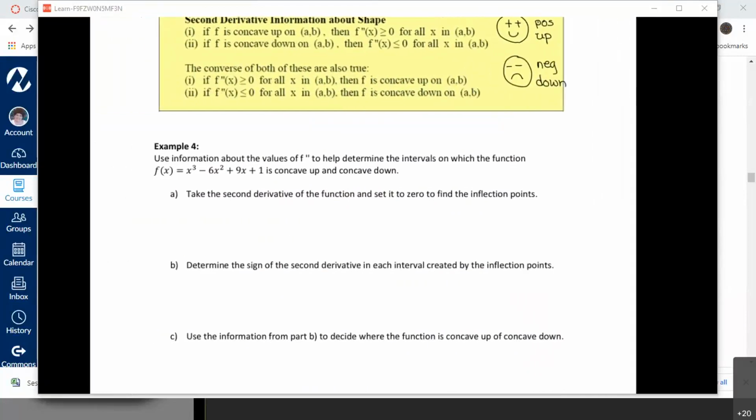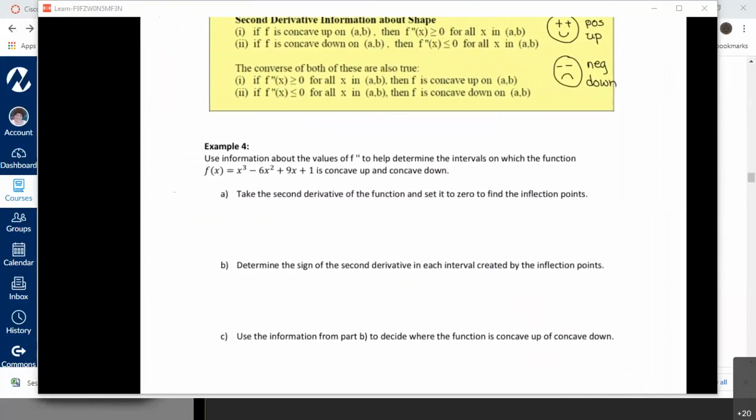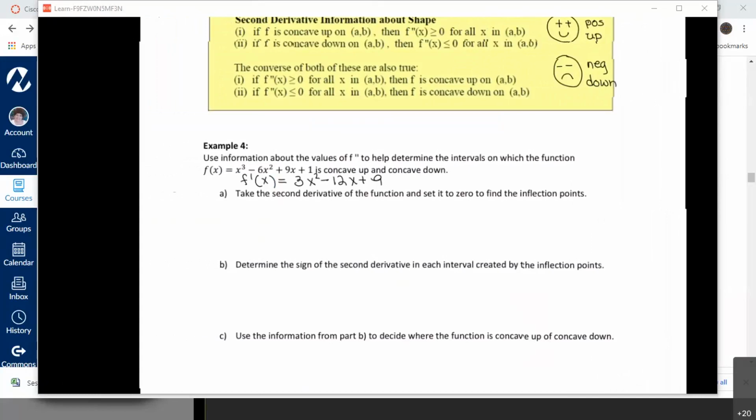Okay, so this is the same function, just so you know, and we know f prime of x. I'll just copy it over. There's our first derivative. This is the same function we were working with before.